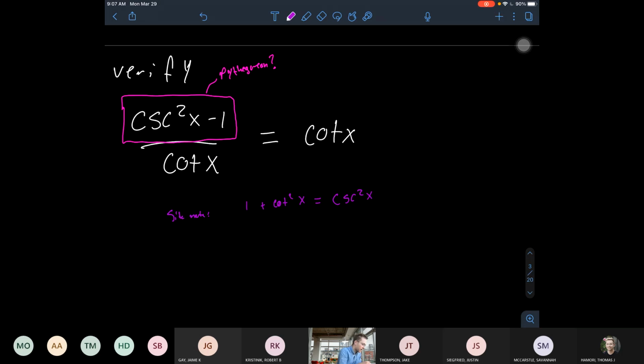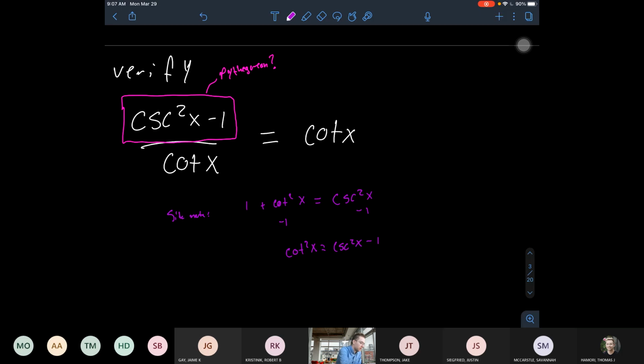If we move the 1 over to the other side, then we would get the equation that cotangent squared x is equal to cosecant squared x minus 1.